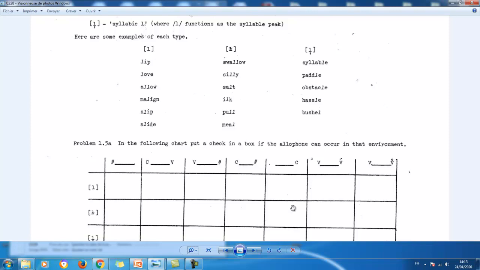Okay. Now the other remaining context is this one, where we have got hustle and bushel. The L is final. When it is final, it is at the same time syllabic and dark here.